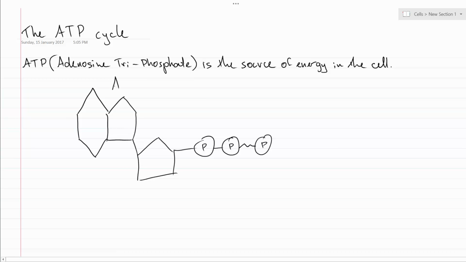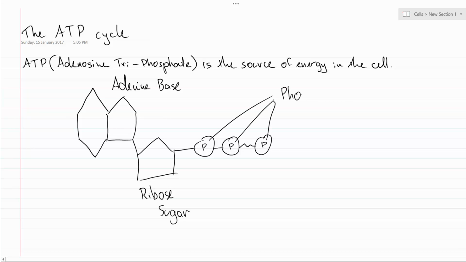So firstly we have an adenine base, we have a ribose sugar, and we have these three things here which are phosphate groups, phosphates. So we can see that we have adenosine from the adenine base, and we have the triphosphate from the fact that we have 1, 2, 3 phosphates.